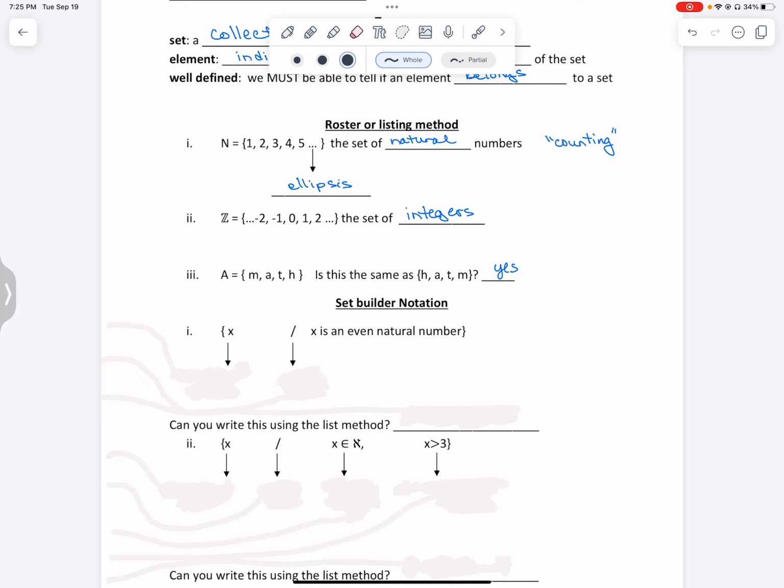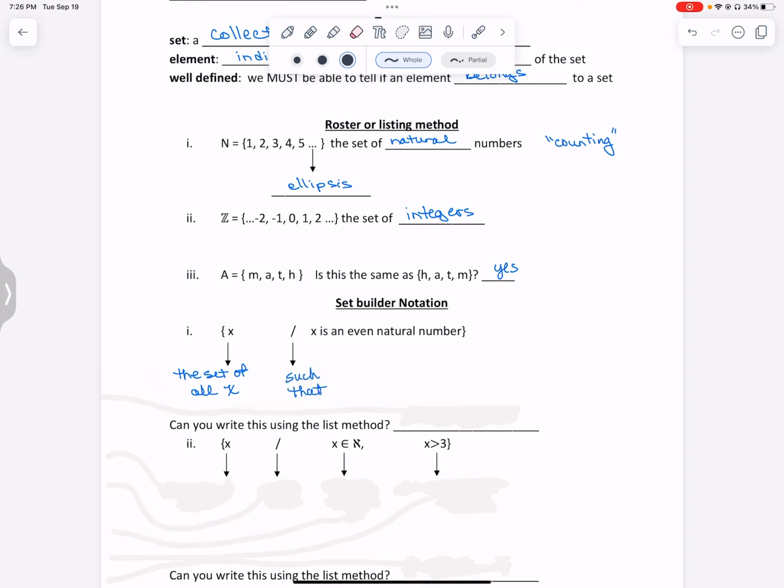But all set builder notations have a few other things involved. They're going to have this X. The little bracket means the set of. So the set of all X, and then that little slash mark means such that.